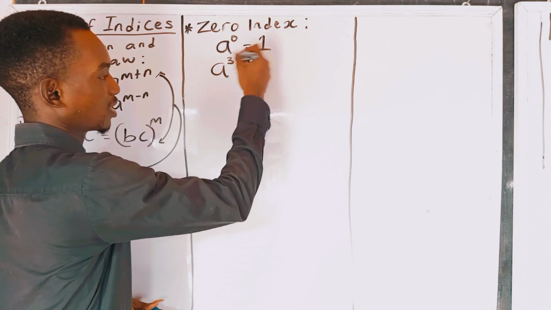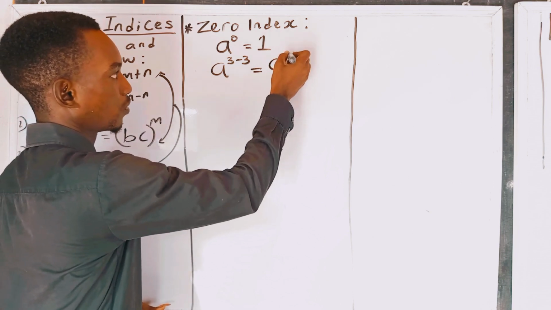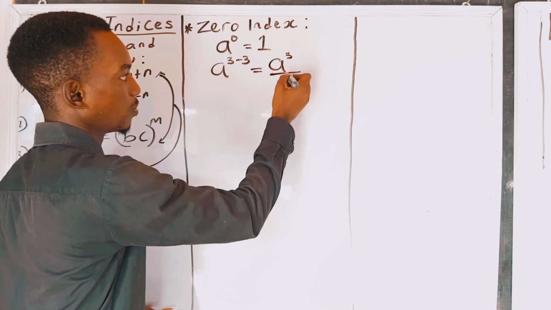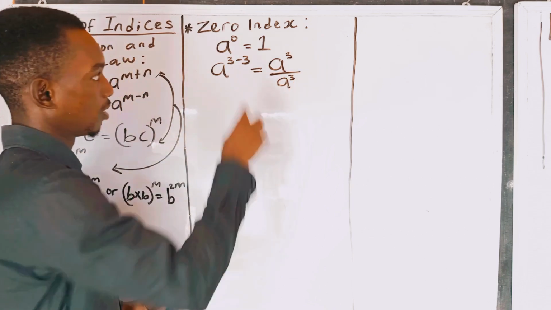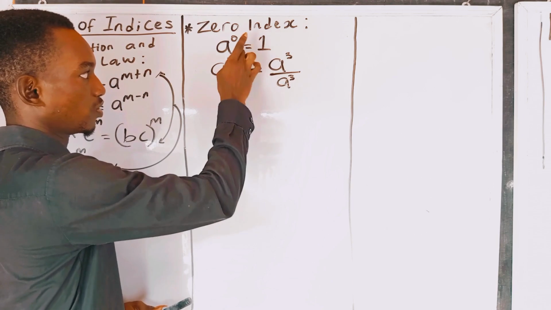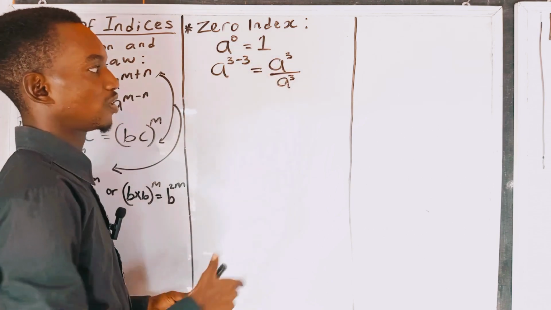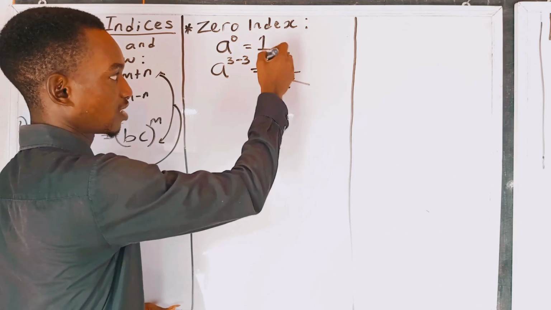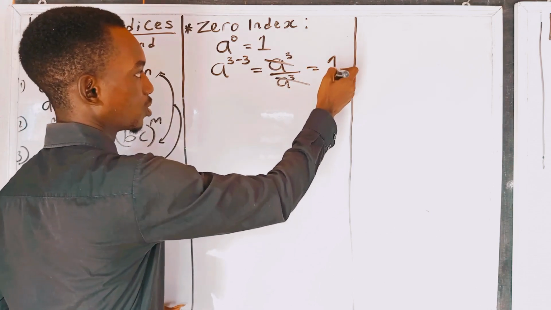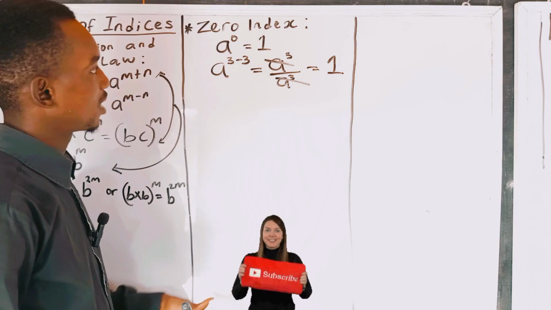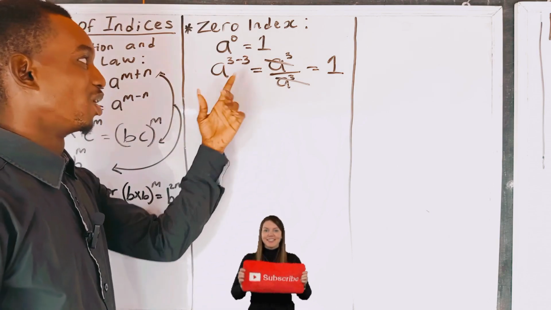That is, we can write it as a to the power of 3 divided by a to the power of 3. Same thing, because 3 minus 3 gives us 0. Now, a to the power of 3 divided by a to the power of 3, as we have guessed, cancels out and gives us 1. So that's why it can work for any number.